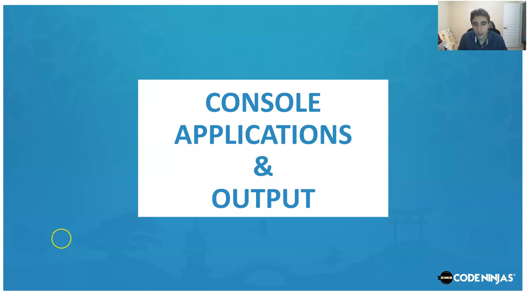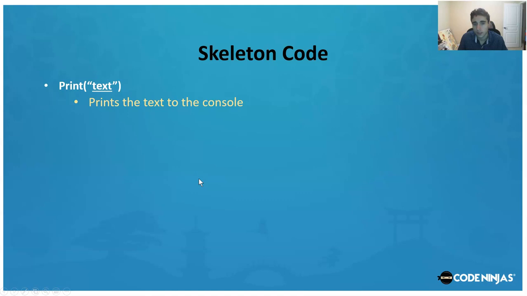Okay, we're going to be taking a look at console applications and output in Python. So the skeleton code that we're going to need to do pretty much anything is quite simply the word print, an opening parenthesis, an opening quote, whatever text you actually want to print, a closing quote, and a closing parenthesis.